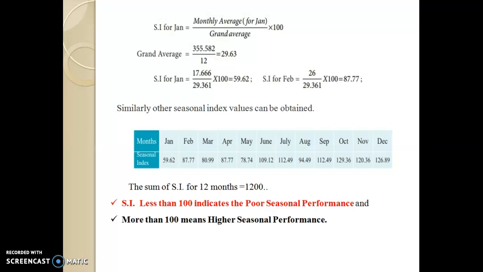If you observe, seasonal indices less than 100 indicate poor seasonal performance, and more than 100 means higher seasonal performance.